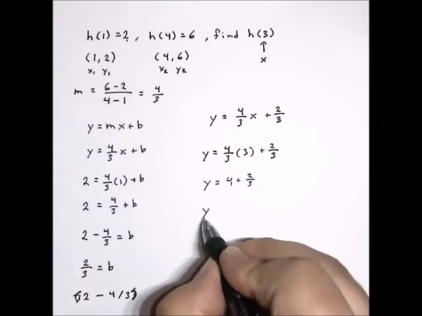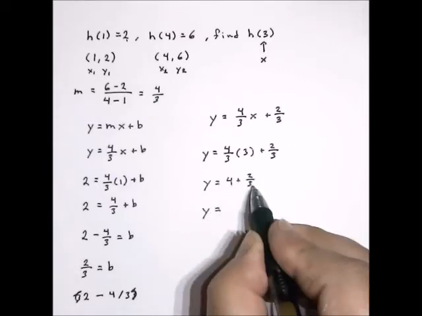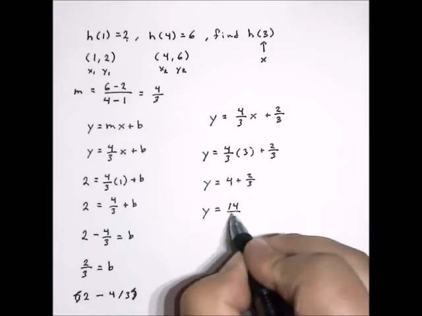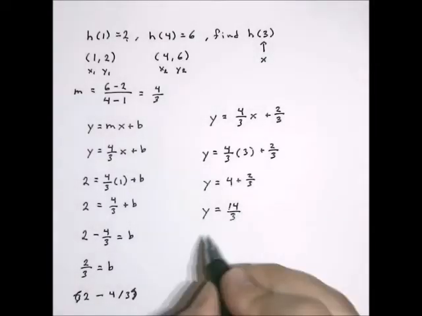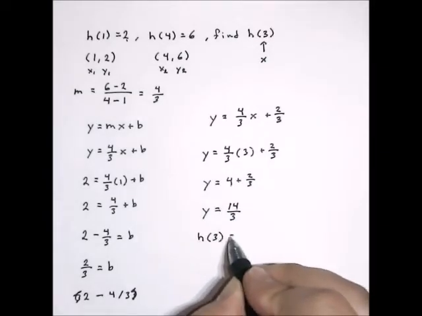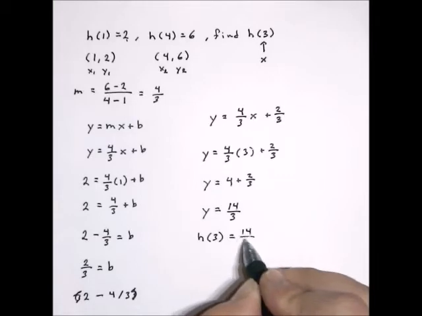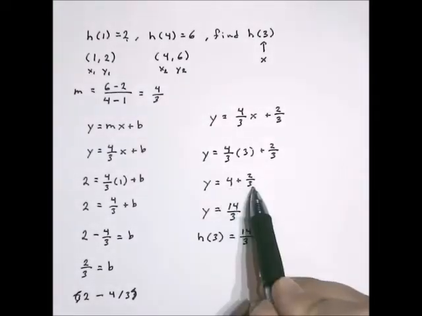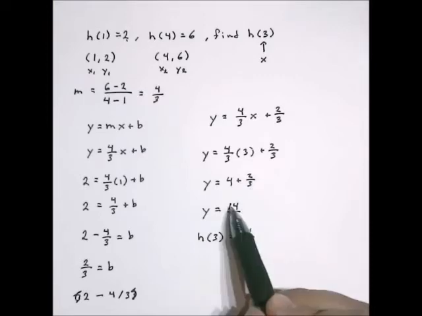And when I add those together, let's see, I just get a 14/3. So written in function notation, h of 3 is 14/3. And again, do not worry about the fractions, just plug this straight into your TI calculator, hit math, enter twice, and you will get this answer.